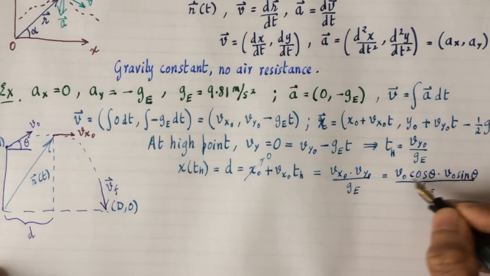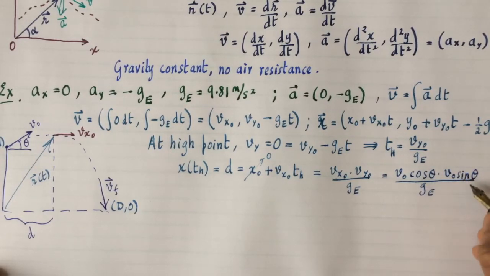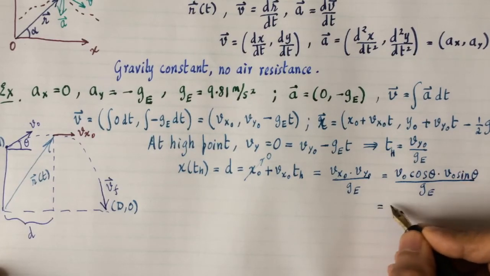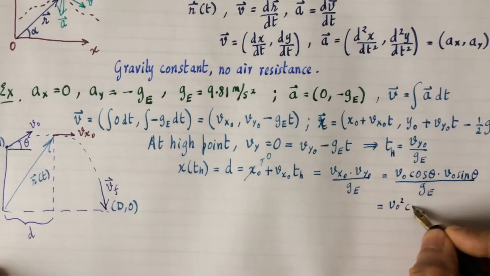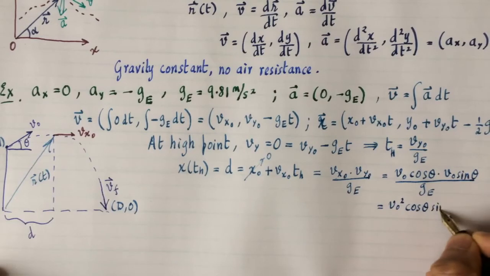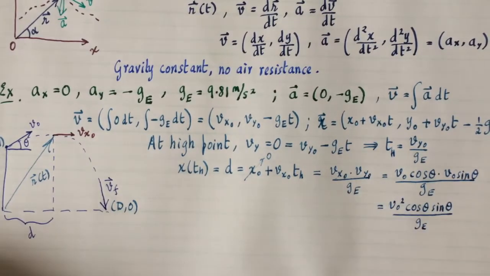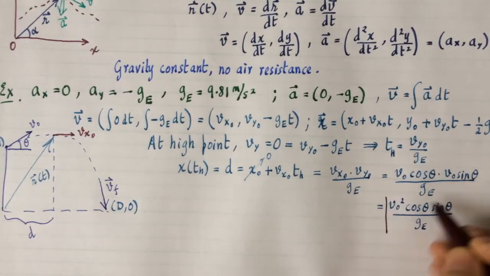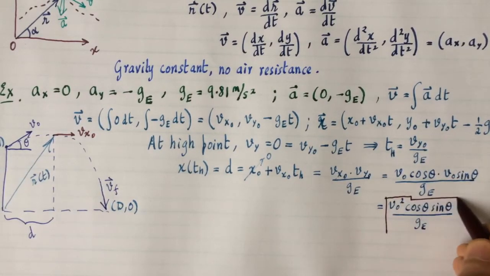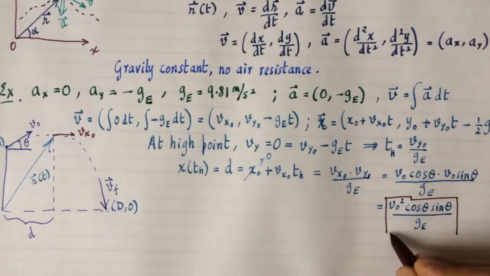And the two v naughts combine, so we can write this as v naught squared cosine theta sine theta divided by g sub e. And that is our answer to the first part of the question, which is how far away it is horizontally at the highest point.